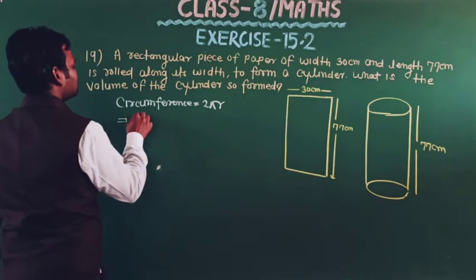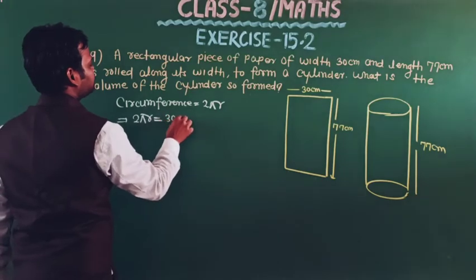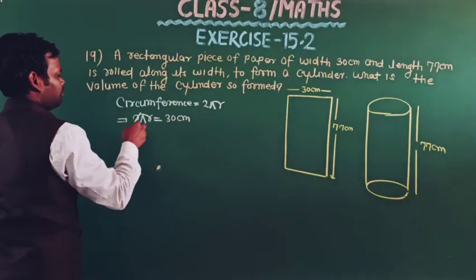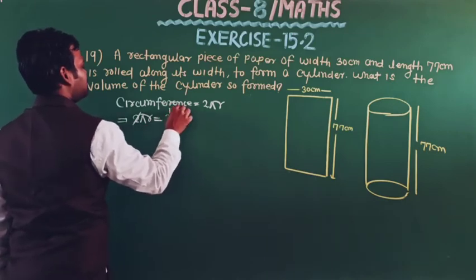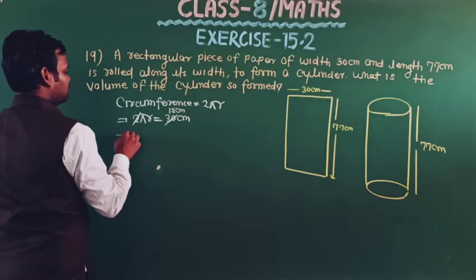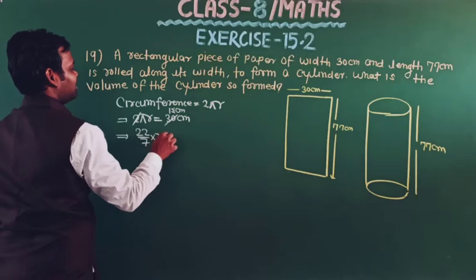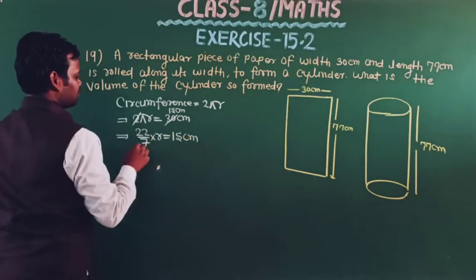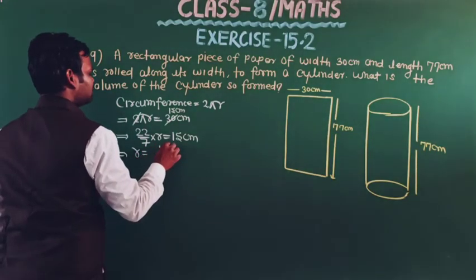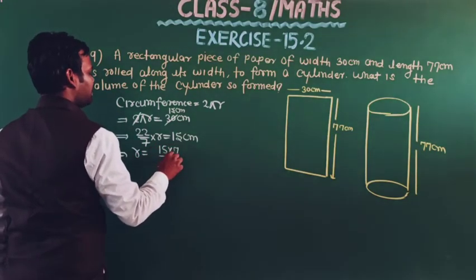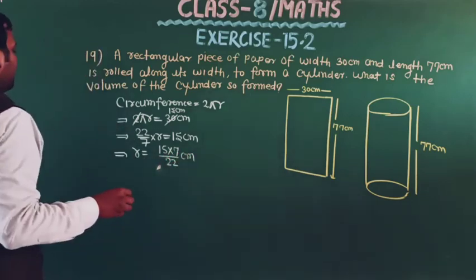So 2 into pi r is equal to 30 centimeter, and cancelling, 30 by 2 is 15 centimeter. Pi is 22 by 7, so 22 by 7 into r equals 15 centimeter. This implies r equals 15 into 7 by 22 centimeter.